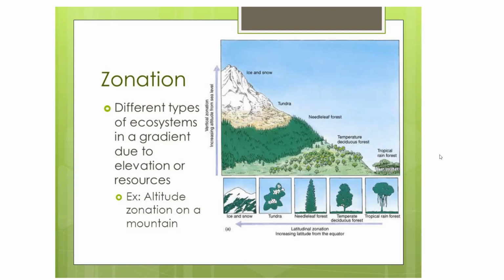So rather than saying it's going to get more biodiverse as we go up, a better way to say it is that the biodiversity is going to change as we go up, because we're going to see different biomes at these different levels. That's due to the changes in temperature and moisture levels of precipitation.